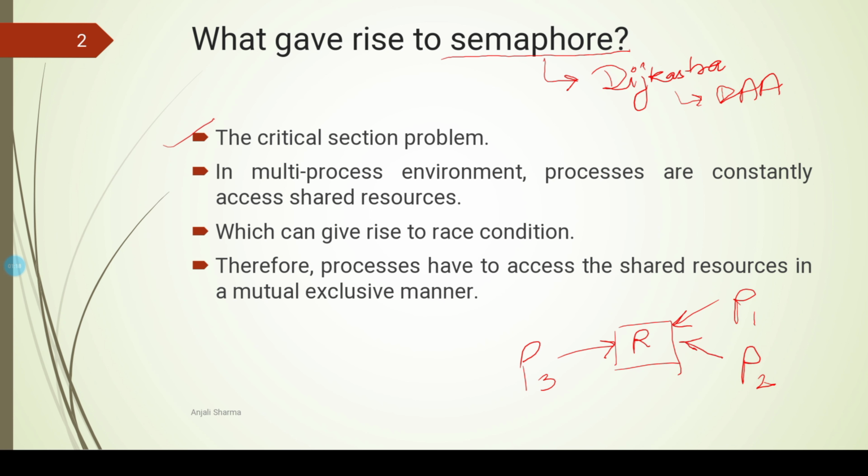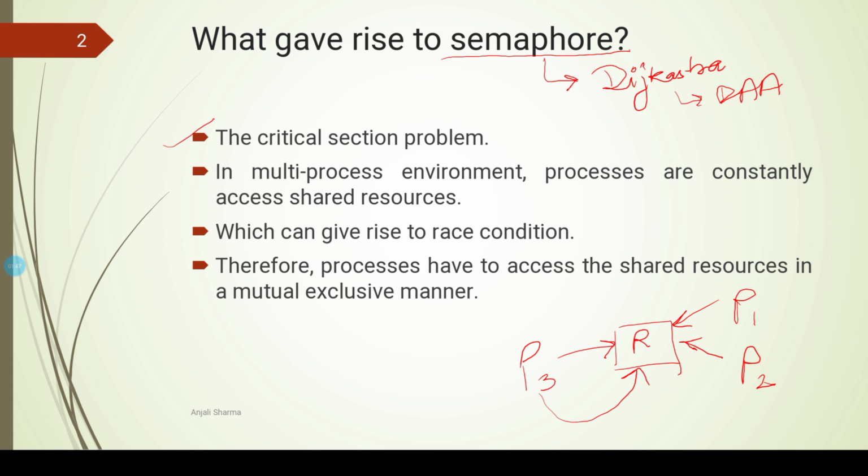But the problem is they may try to change the value of these shared resources, or it might be possible that one process holds a particular resource and another process is waiting for it. This is not desired, because it can cause discrepancies of value, and it can also give rise to deadlock. So this is not allowed.